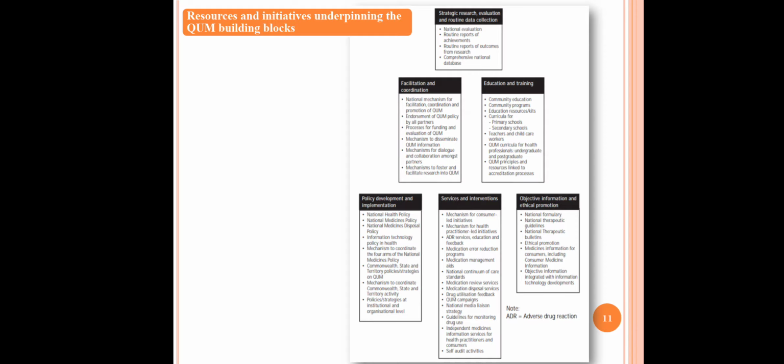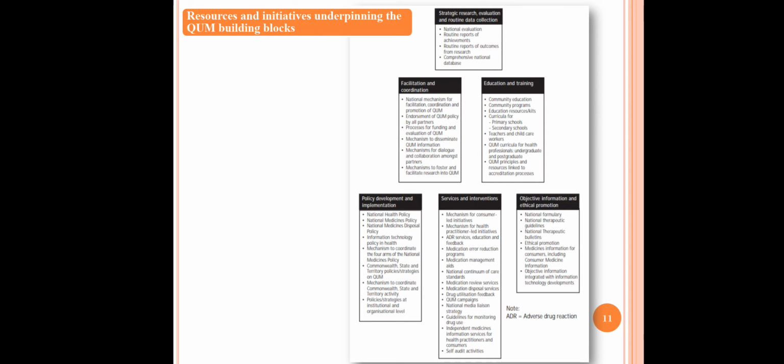Then policy development and implementation: national health policy, national medicines policy, national medicine disposal policy, information technology policy in health, and a mechanism to coordinate the four arms of the national medicines policy, and Commonwealth, state and territory activities.